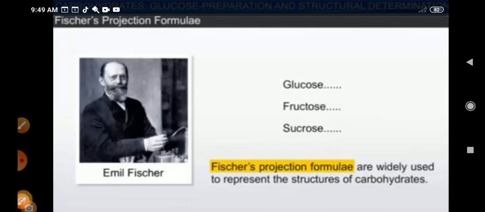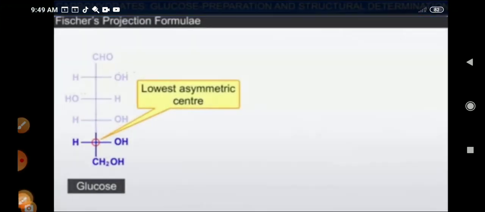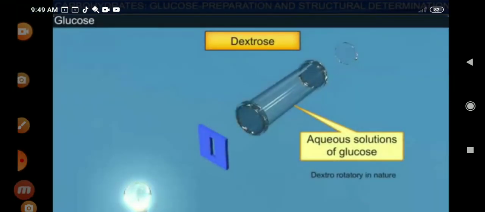Emil Fischer has given a projection formula which is widely used to represent the structure of carbohydrates. We need to discuss this point also. The lowest asymmetric carbon of glucose is the 5th carbon atom. Let us perform an activity here.